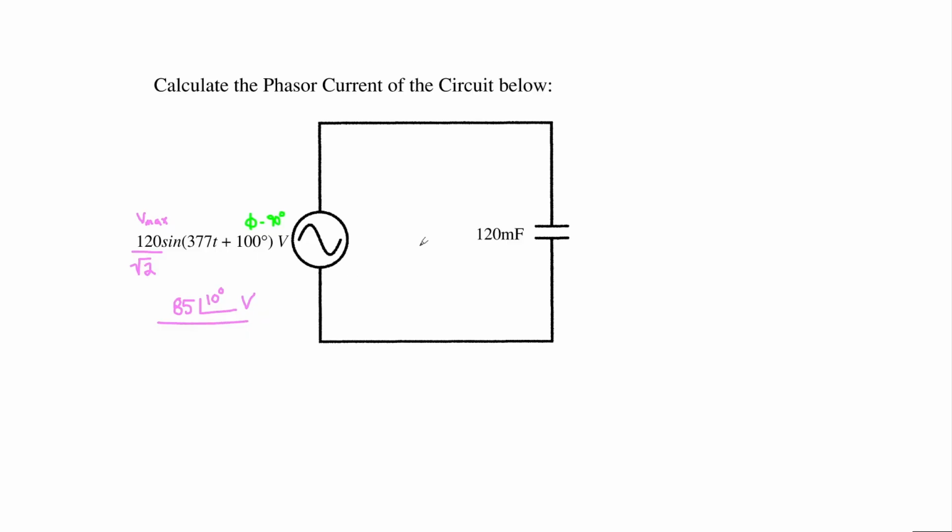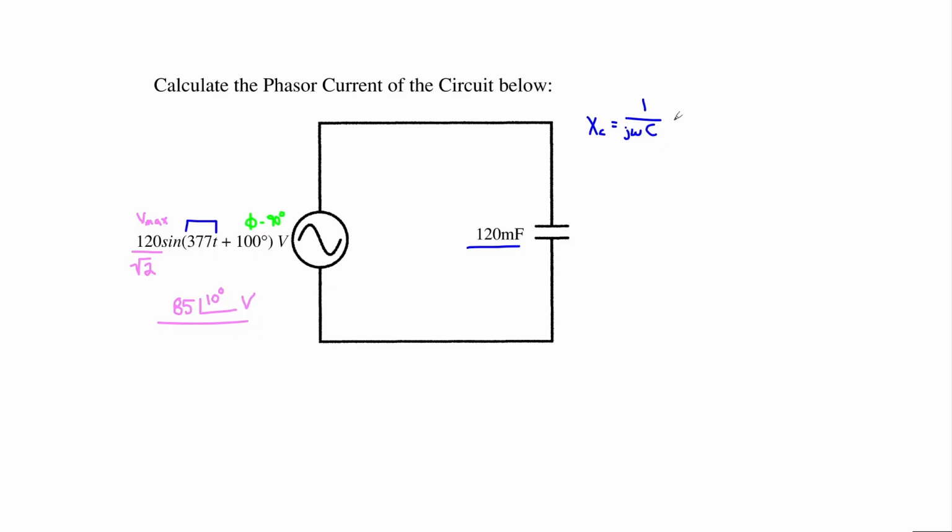Next, we will need to convert our capacitive element to its phasor equivalent. We can do this by the following equation. X of C equals 1 over j omega C. Well, our C is 120 millifarads and omega is 377.